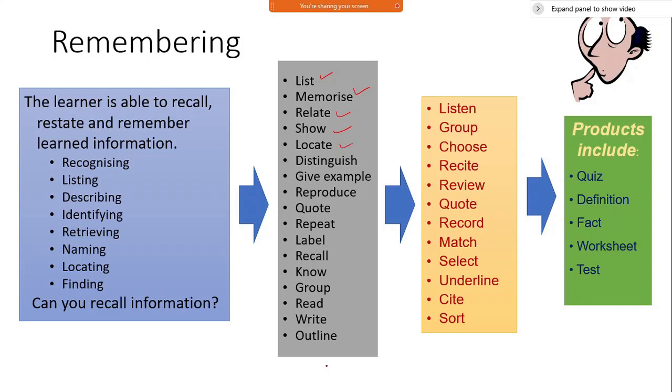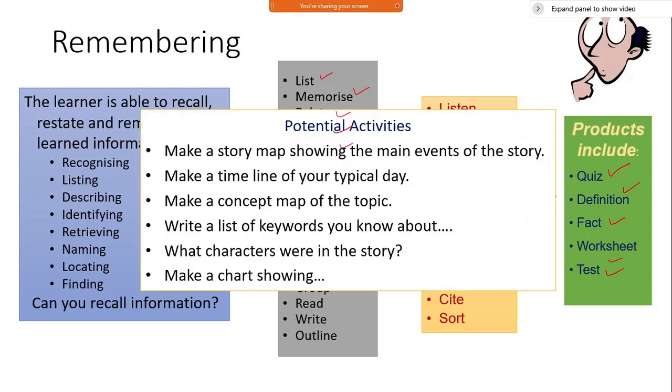These words will come into this when you are asking questions. For assessment, we can provide a quiz, ask them to define something, because we want to check only memory. Then fact sheets, worksheets and tests, all this we can include. So we create questions which test their memory only, not more than that. That is memorizing.